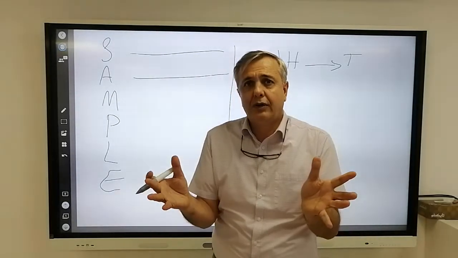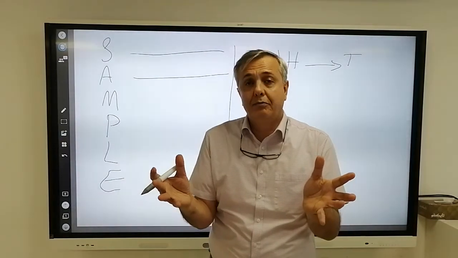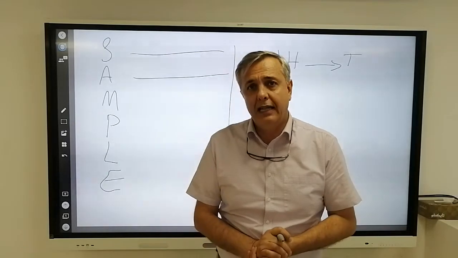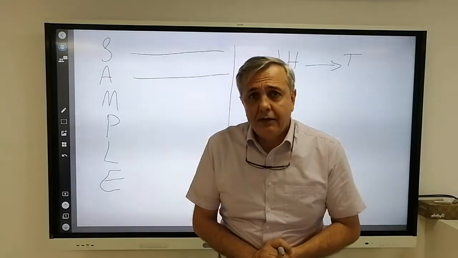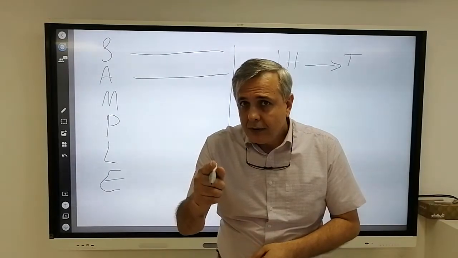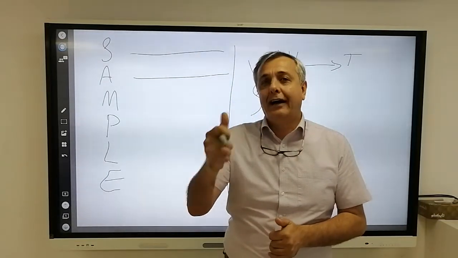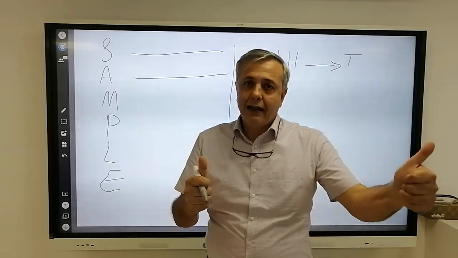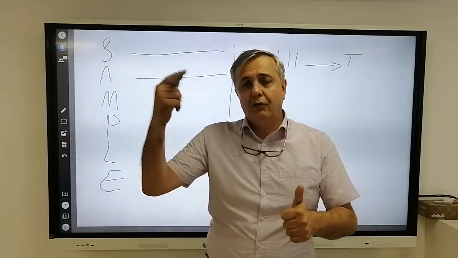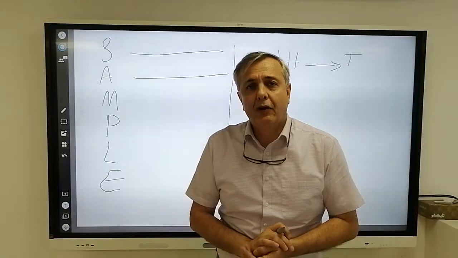Once more, I'm going to recap and remind you what the objectives of each one of these levels are. The objective of performing the initial assessment is to identify whether the case is life-threatening or not. If not, I'm moving toward the primary assessments.